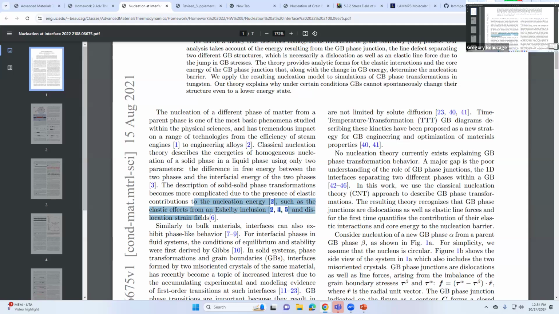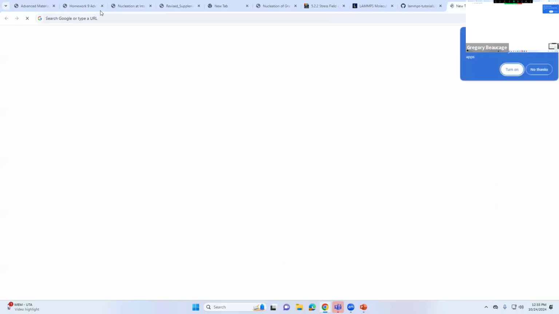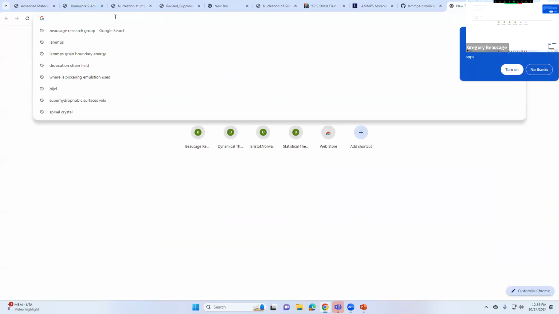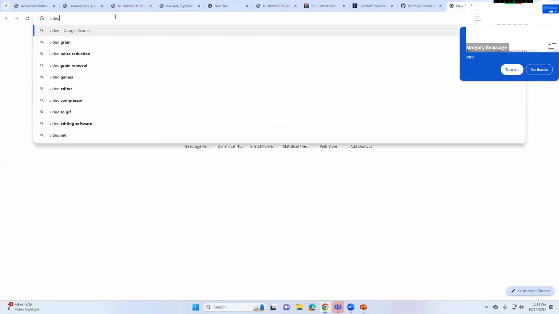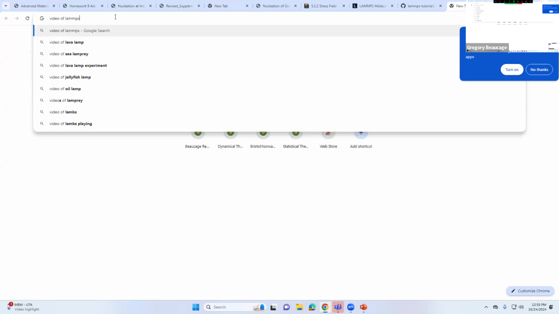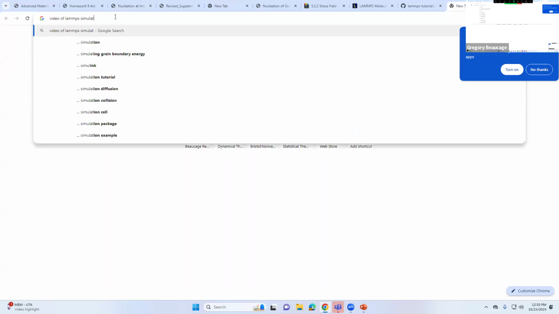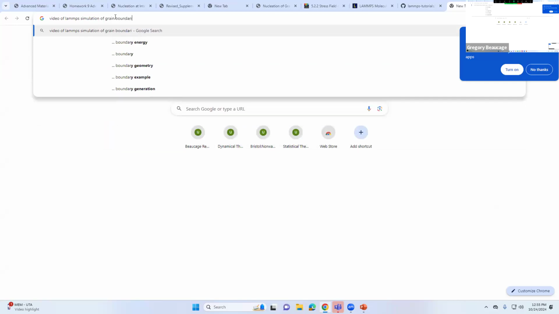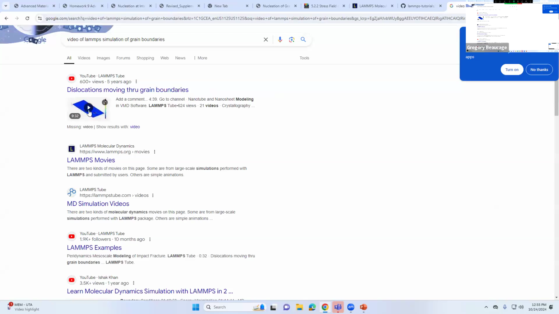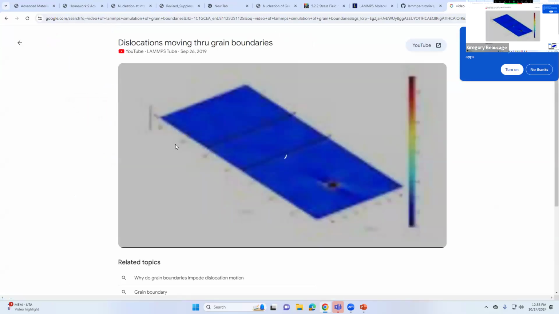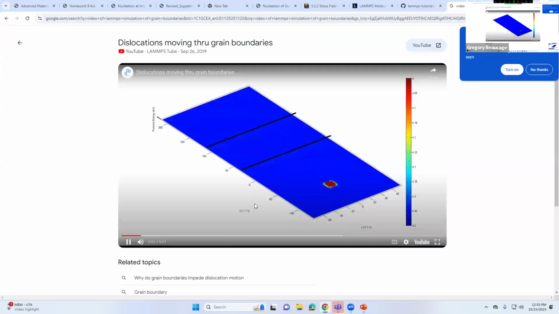Anyway, it's useful. You can get a color graphic, and you can probably find a video of LAMMPS simulation of grain boundaries. I bet there's a video of it, like someone did that. You end up with a movie. This is the same thing.